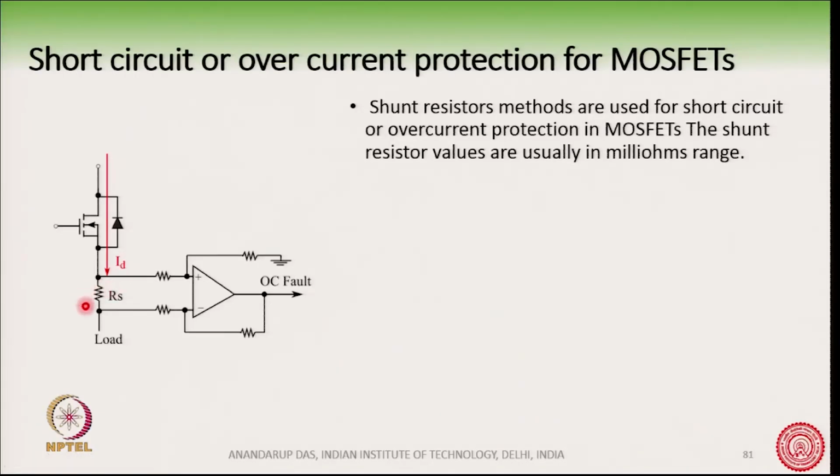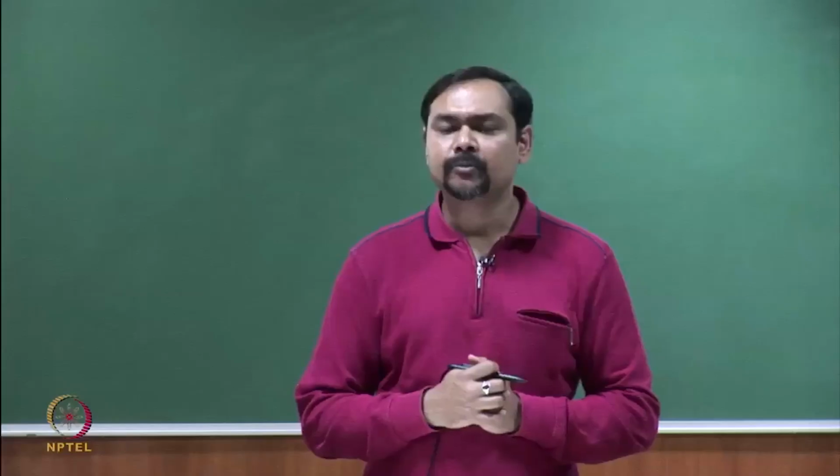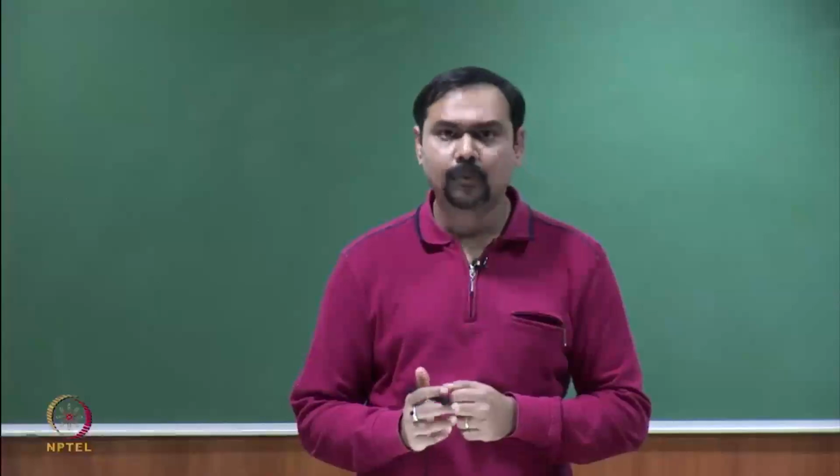Instead, in case of MOSFETs we use shunt resistor methods. The voltage across the shunt resistor is monitored, and it will cause this op amp to trigger as the voltage goes beyond a certain limit. So, this is how short circuit or overcurrent protection for MOSFETs works.